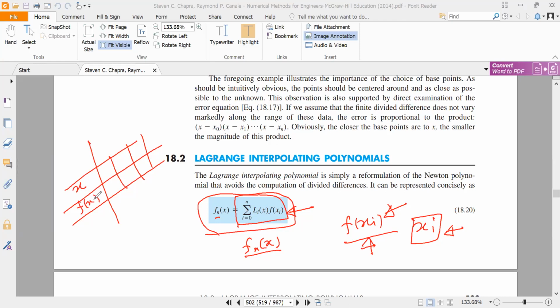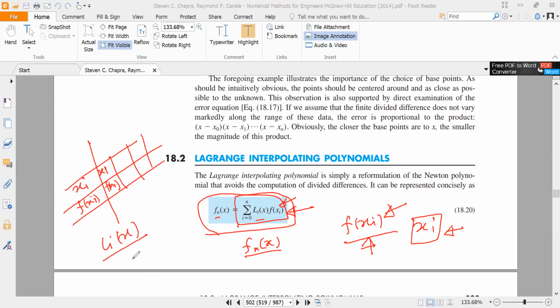This is your xi, this is your f(xi). For i equal to 1, this will be x1, and this will be equal to f(x1). If you have three data points, then three values of xi will be available. But this quantity Li(x), called Lagrange's polynomial, is not known to you.